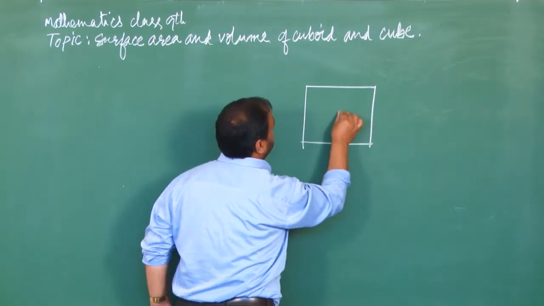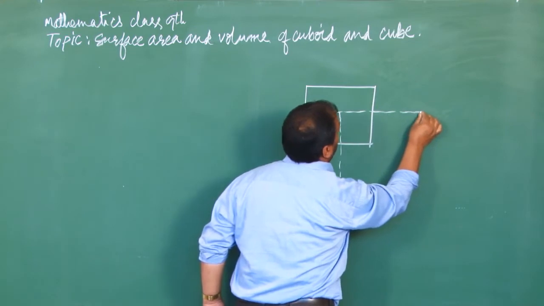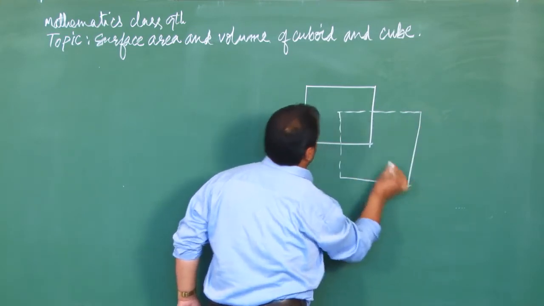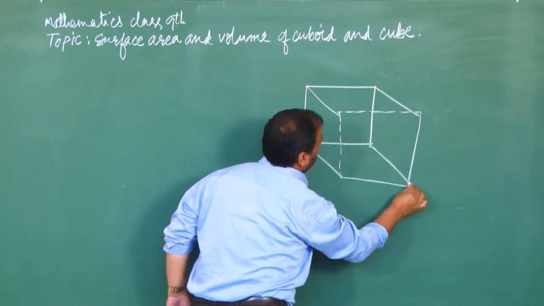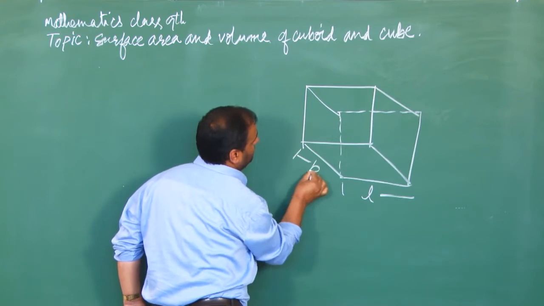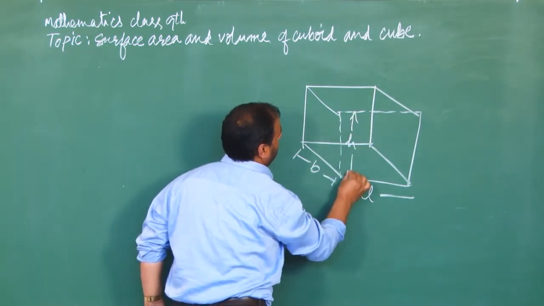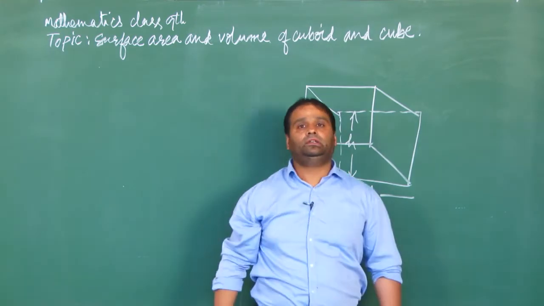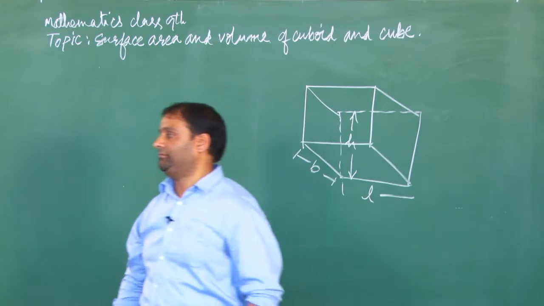A cuboid is in fact the arrangement of 6 rectangular figures having length, breadth and height. This is the length of the cuboid, this is the breadth of the cuboid and this is the height of the cuboid. In fact, the cuboid is the arrangement of 6 rectangular surfaces.